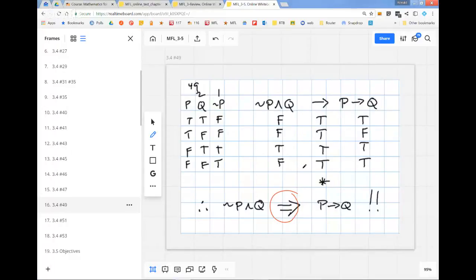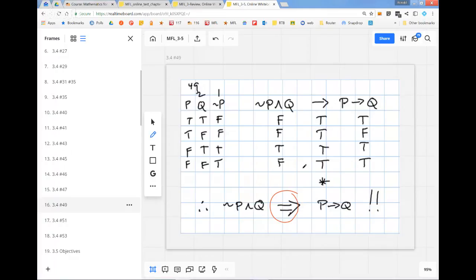That's why I put two exclamation points. Bring out the trumpets, we have an implication. You're probably wondering why I'm shouting in logic, but that's what was going on.